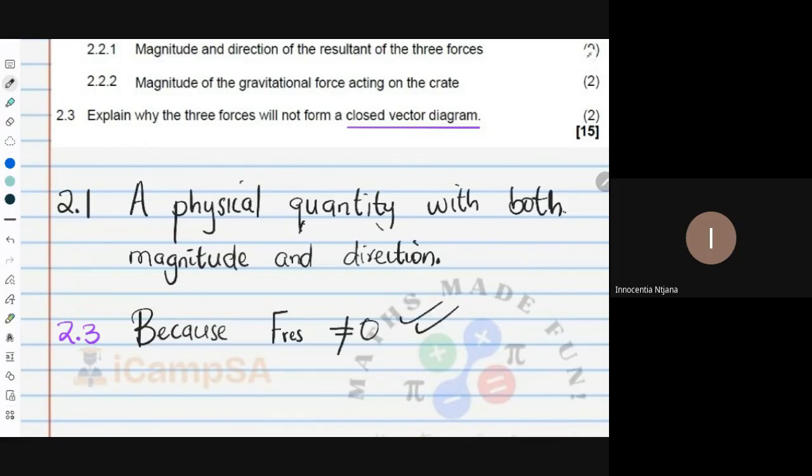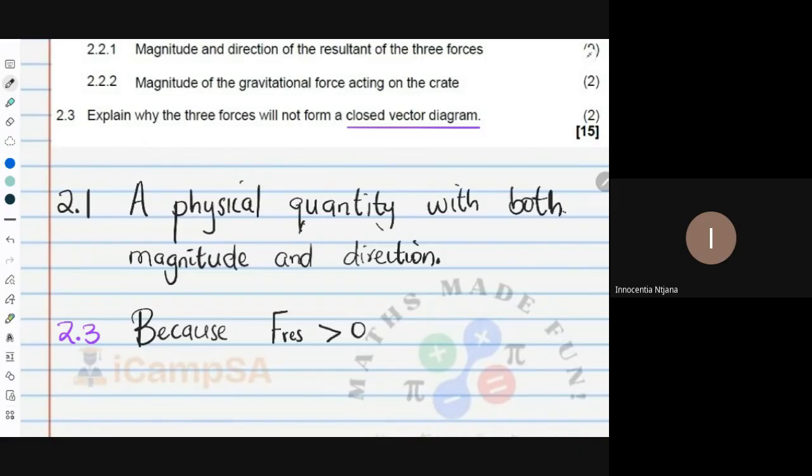Boom, boom. You can write it in words, but I am so lazy, guys. I prefer using mathematics. So because F res is not equal to 0. Oh, actually, let's do this. Because have you guys seen this symbol before? I'm not sure if it's used in grade 11. So that's why I want to use F res is greater than 0. This one is much better.